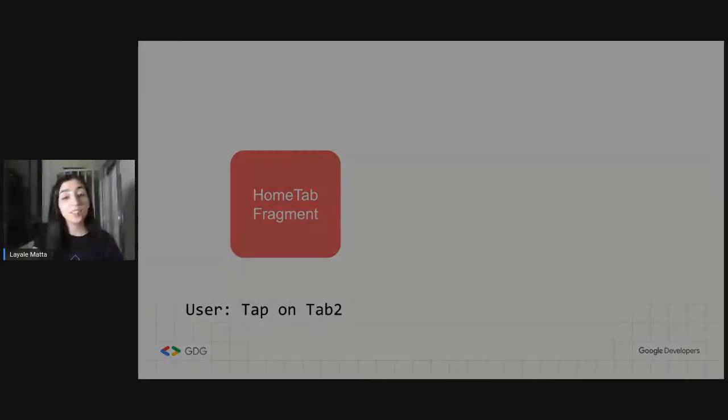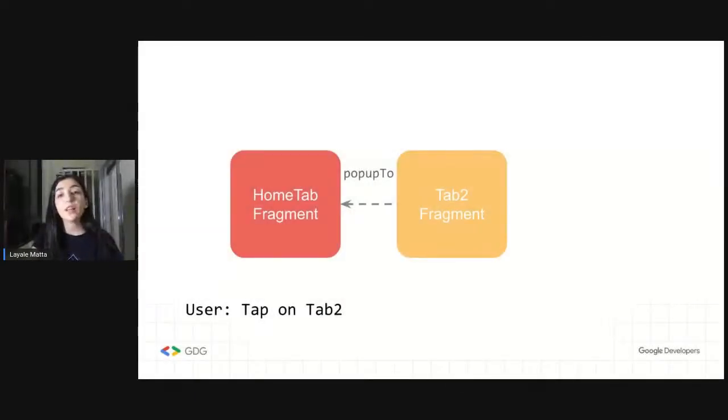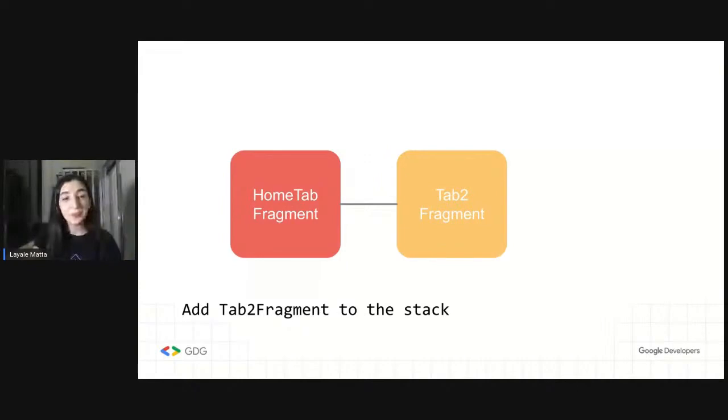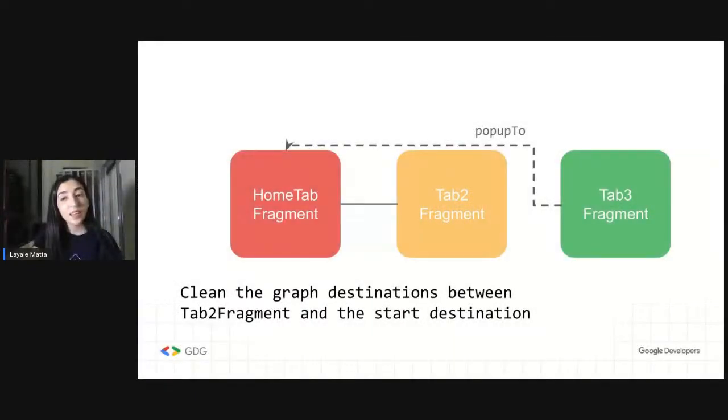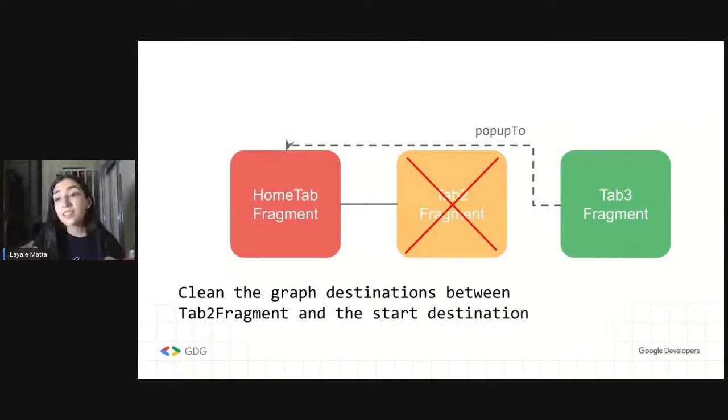We click on tab 2 and we have it pop up to the home fragment. And now it's added. We click on tab 3 and we realize that actually tab 3 pops up to the home tab and tab 2 is directly dismissed. And tab 3 is actually added, tab 2 disappeared from the backstack.